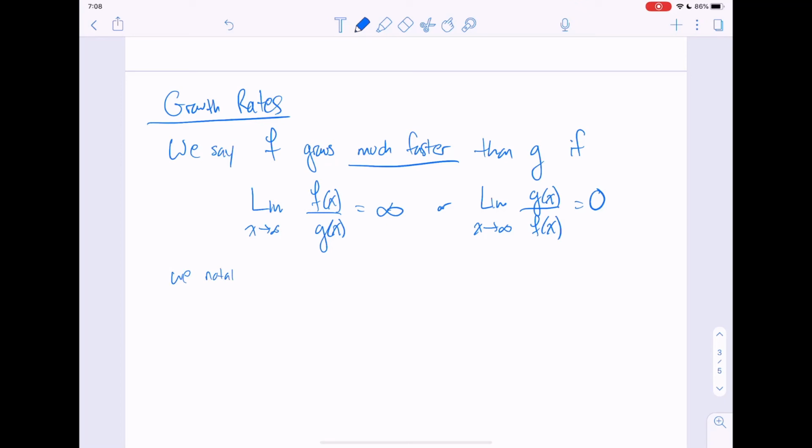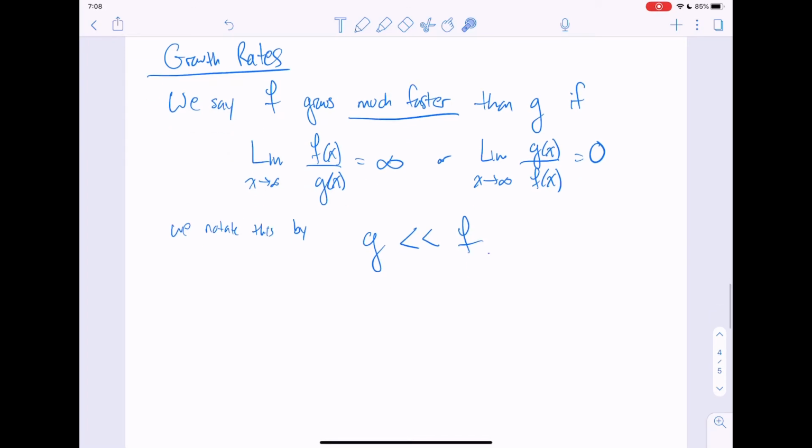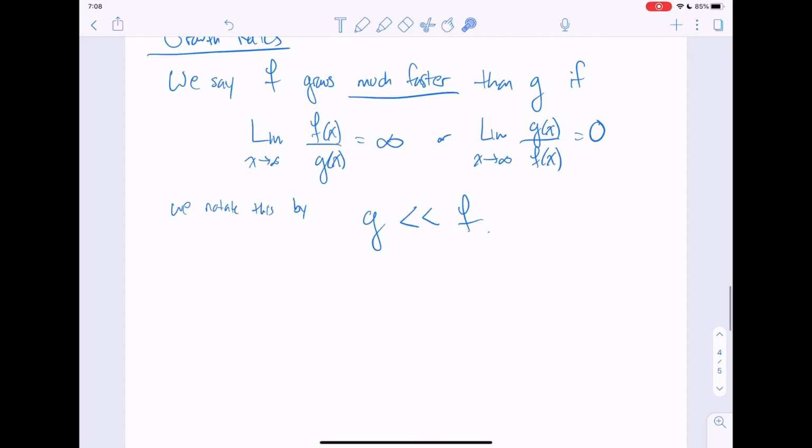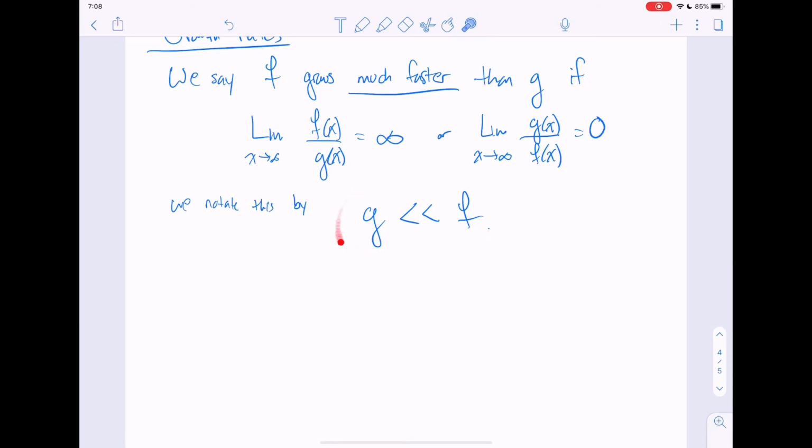We notate this by g is much less than f. So f is growing much faster than g. It is possible for f and g to have similar growth rates.